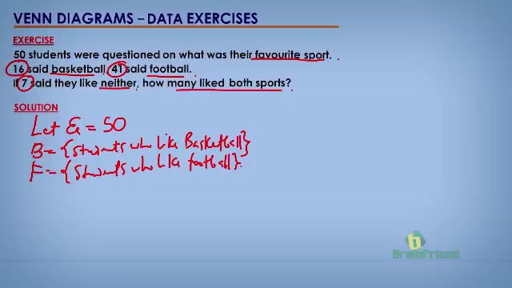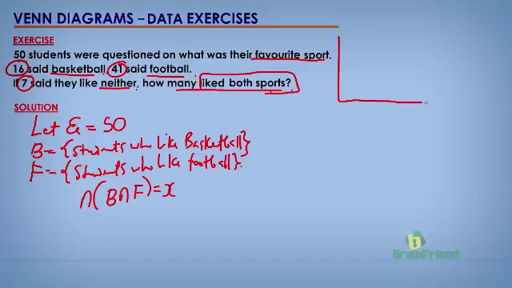It is required that we find the cardinality of the intersection between our sets B and F. Let that be our unknown. That is, how many like both sports? We have information enough for us to draw a Venn diagram. Let's go ahead and do that.